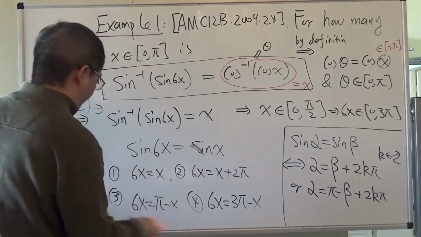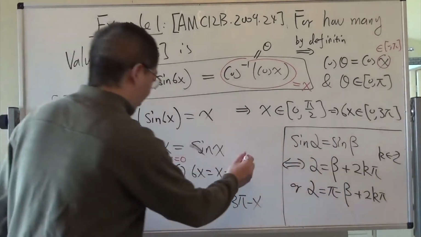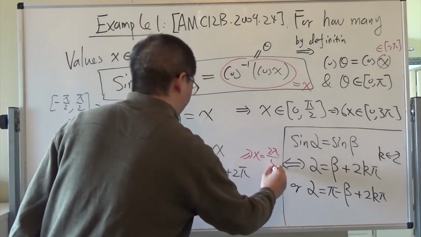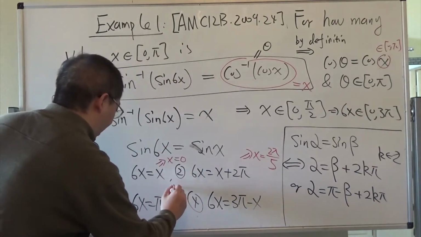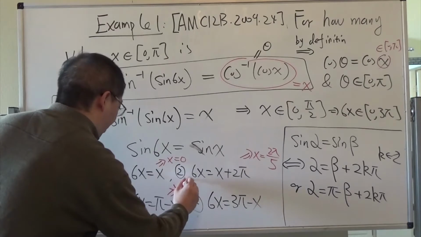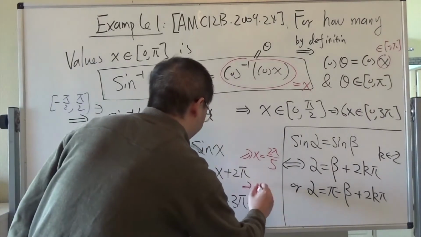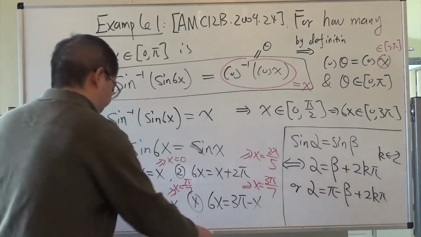Okay, from here we just get x equals 0. From here we get x equals 2 pi over 5, and here we get x equals pi over 7. The last one implies x equals 3 pi over 7.